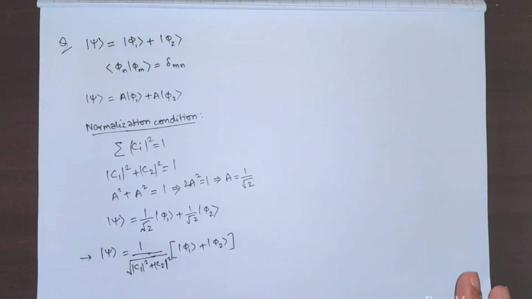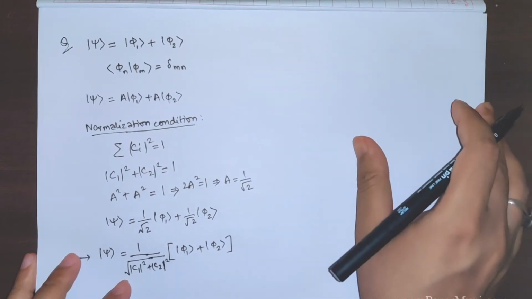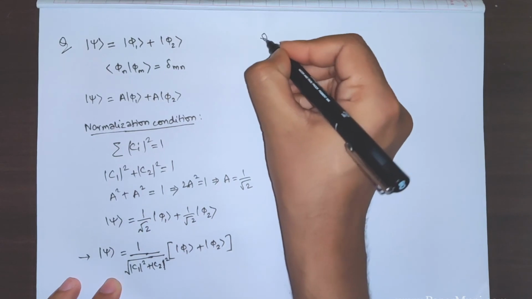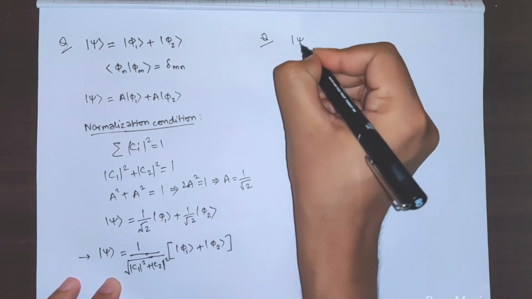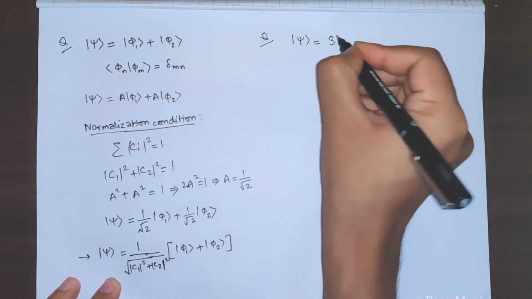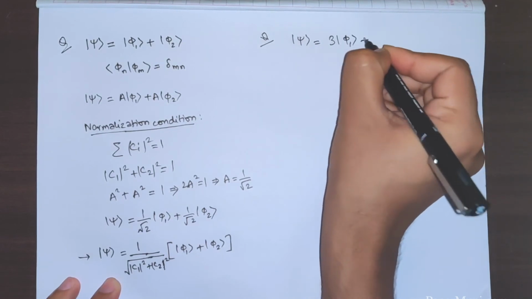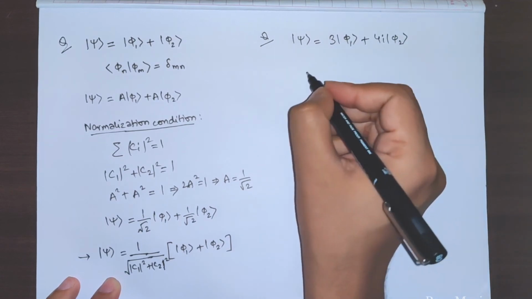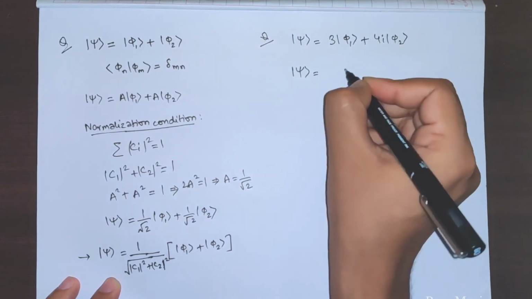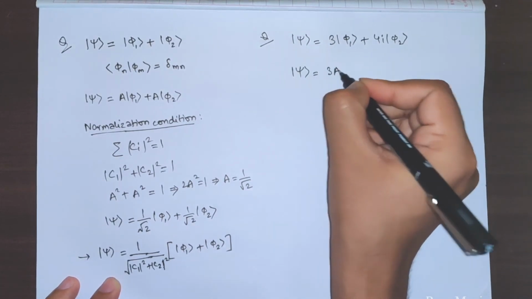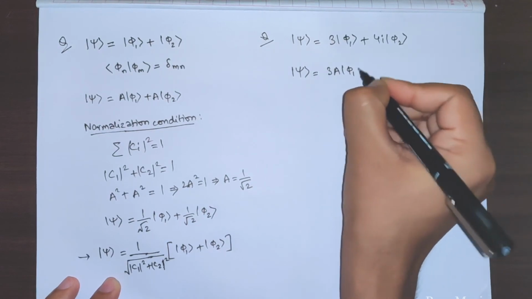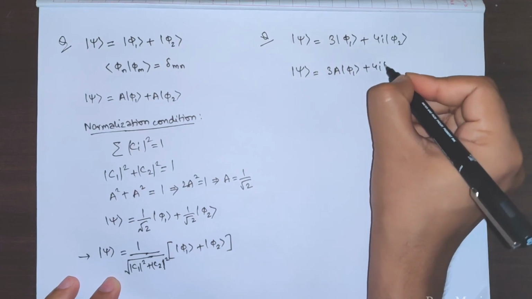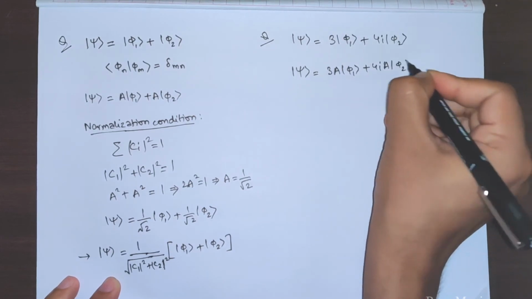Now let's take up another example where we have an iota in the wave function. This is 3 phi 1 plus 4i phi 2. So in this case, let's assume that the normalized wave function is of this form, 3a phi 1 plus 4i a phi 2.